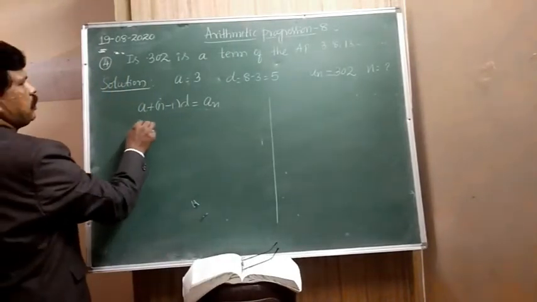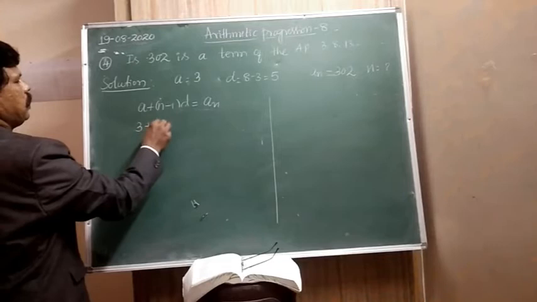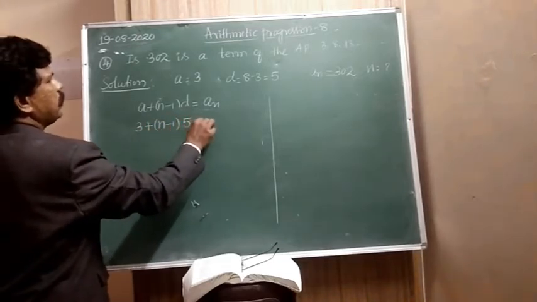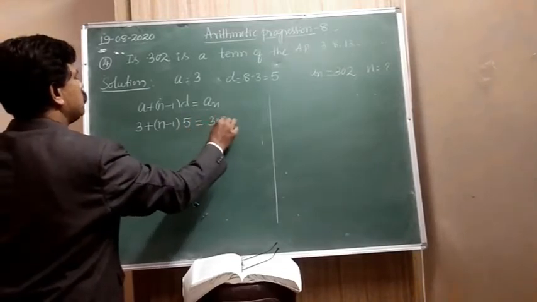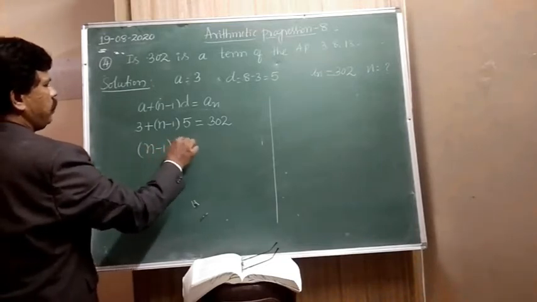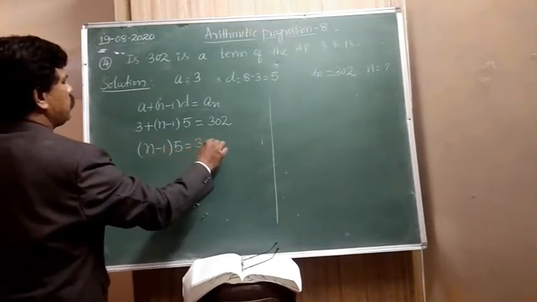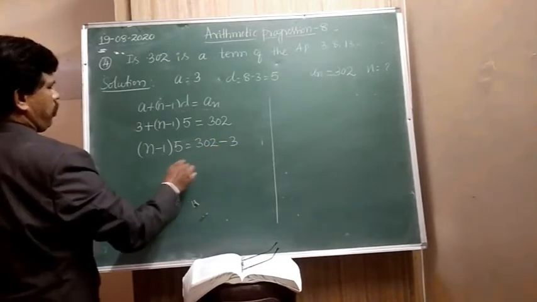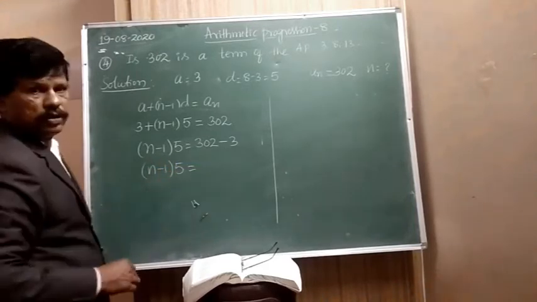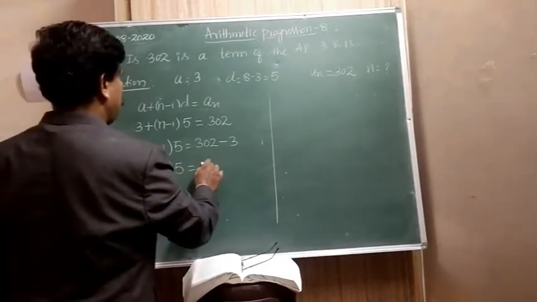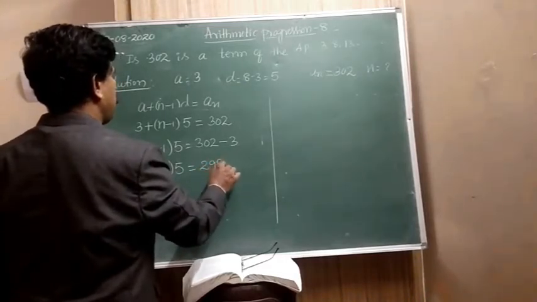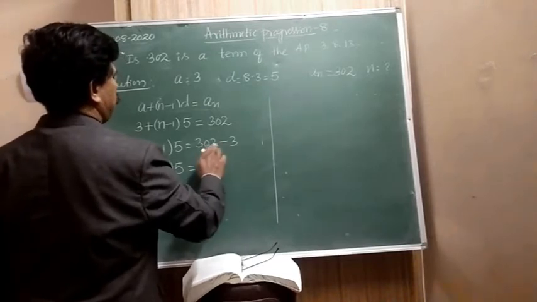Now substitute this: 3 plus (n minus 1) into d value 5 equals 302. Then (n minus 1) into 5 equals 302 minus 3. So (n minus 1) into 5 equals how much? 299, right?